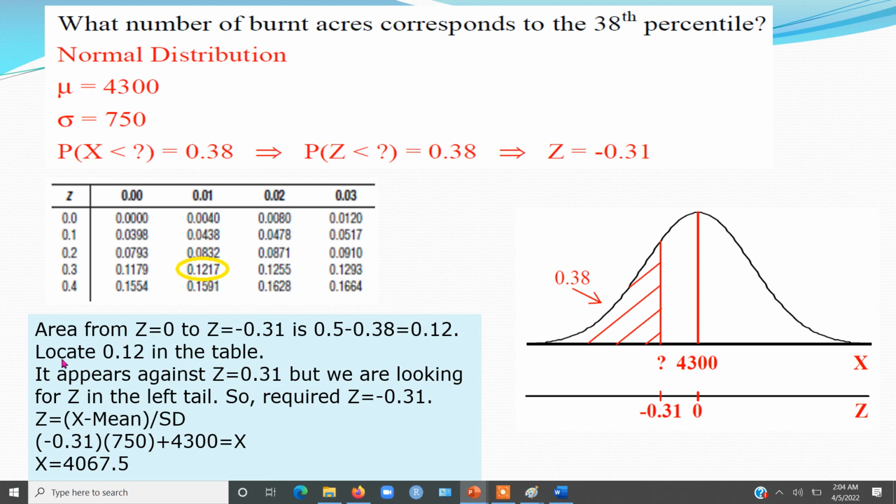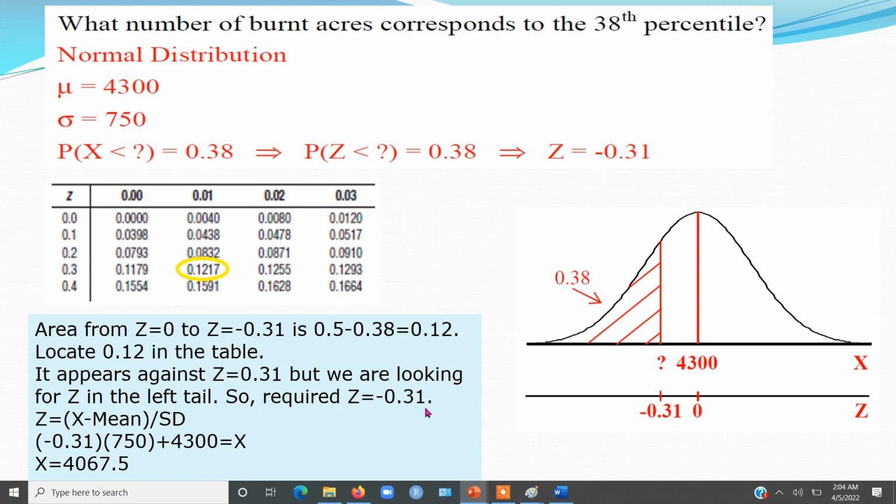So what we are going to do, we locate 0.12 in the table. Exact 0.12 is not available. The closest possible number is 0.1217, against which the z-score is 0.31. But we are looking for z in the left tail, so I'm going to attach a negative sign to this z. So required z is minus 0.31.